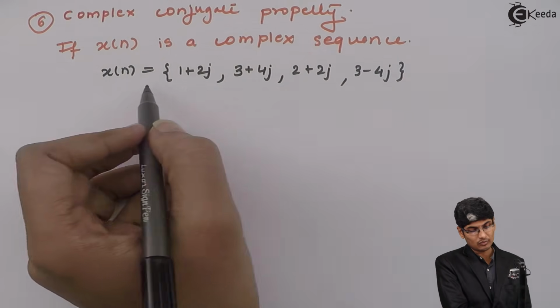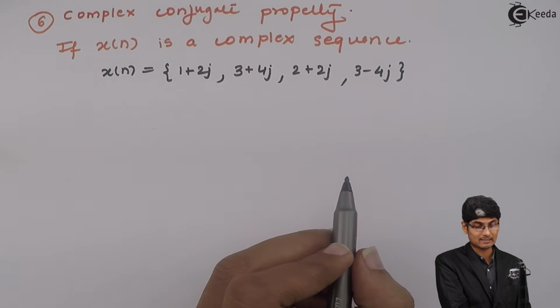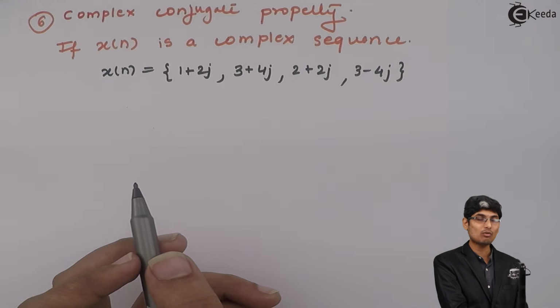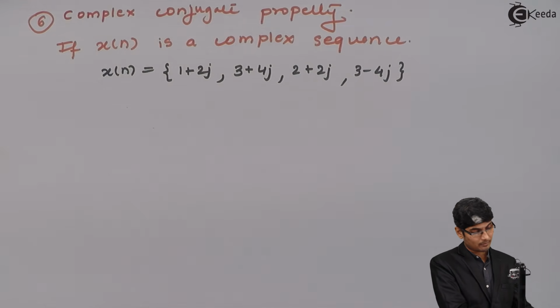Suppose we have such an x of n, which is a complex sequence, not a real sequence, unlike the one we have seen, 1, 2, 3, 4. This is a complex sequence.